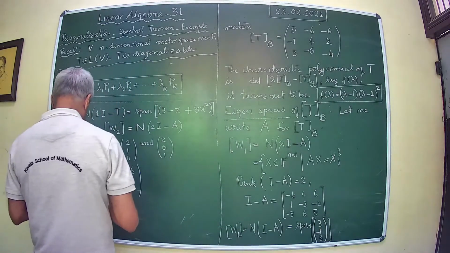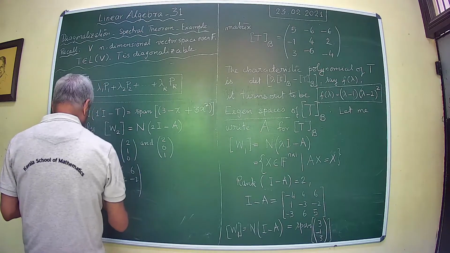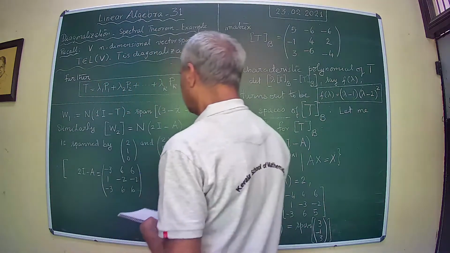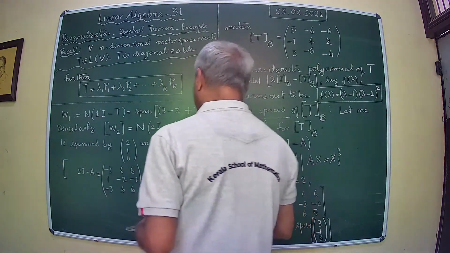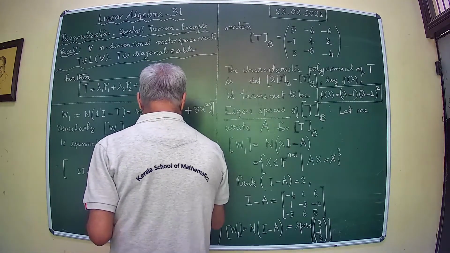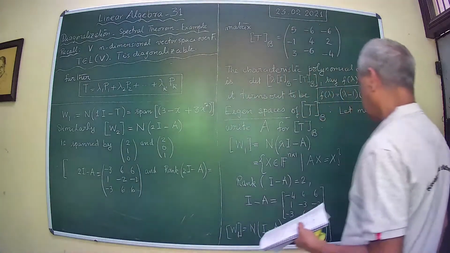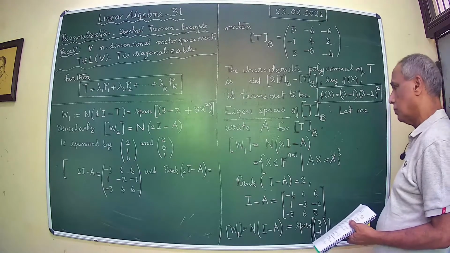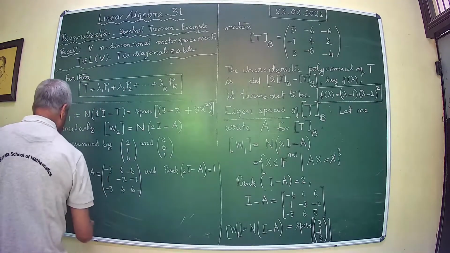Then 1, minus 2, minus 2, then minus 3, 6, and the rank of this is equal to one, so the nullity is 2.